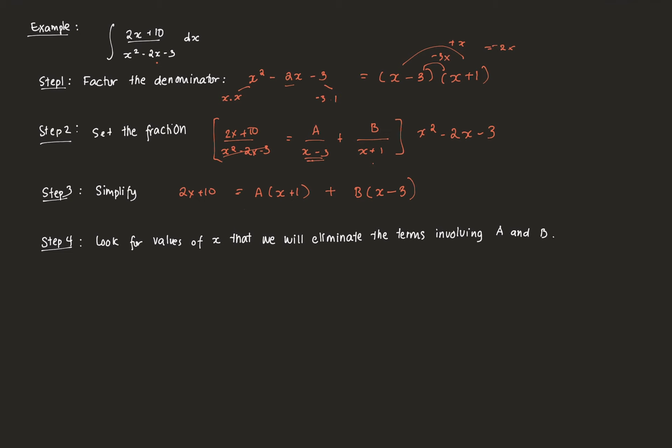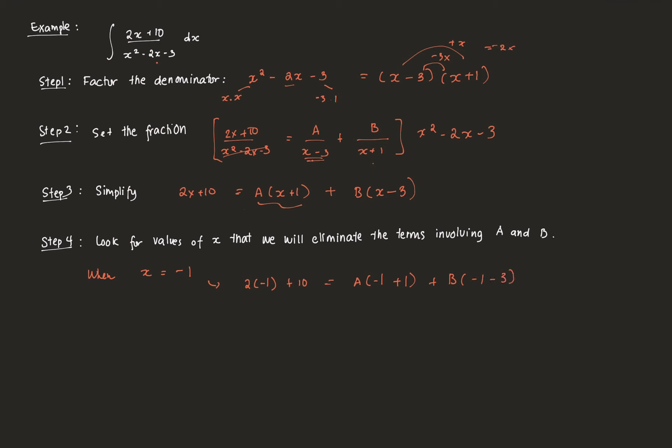So if you look at this equation closely, in step 3, notice when x is equal to -1, if we substitute that into the equation, 2 times -1 plus 10 is equal to a times -1 plus 1 plus b times -1 minus 3.